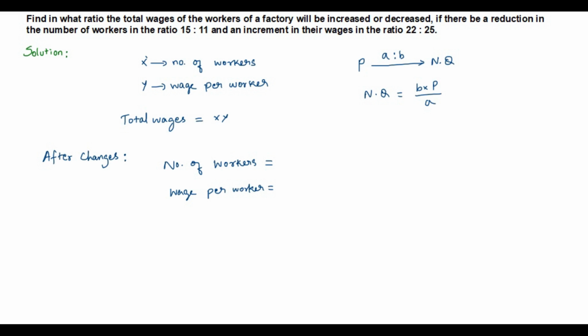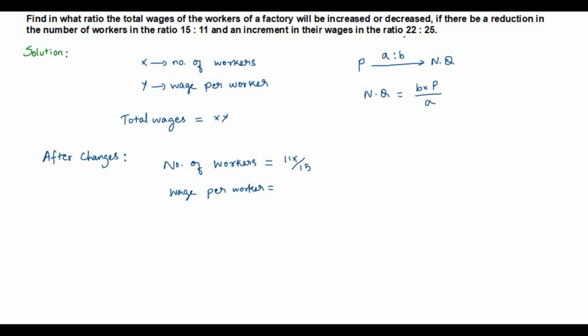The same thing we have to do in our problem. Already there are X number of workers. Now this X number of workers is going to be reduced in the ratio 15:11. After reduction, to find the number of workers, we multiply the second term of this ratio by the existing number of workers, that is 11X divided by the first term of the ratio, 15.